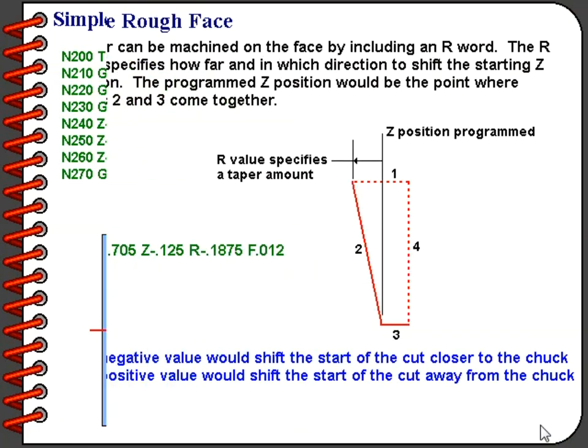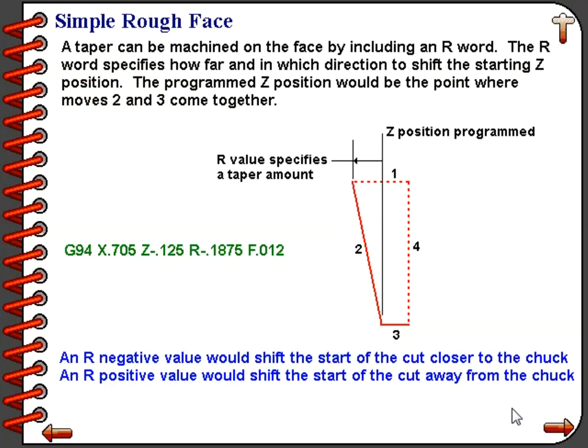A taper can be machined on the face by including an R word. The R word specifies how far and in which direction to shift the starting Z position. The programmed Z position would be the point where moves 2 and 3 come together.